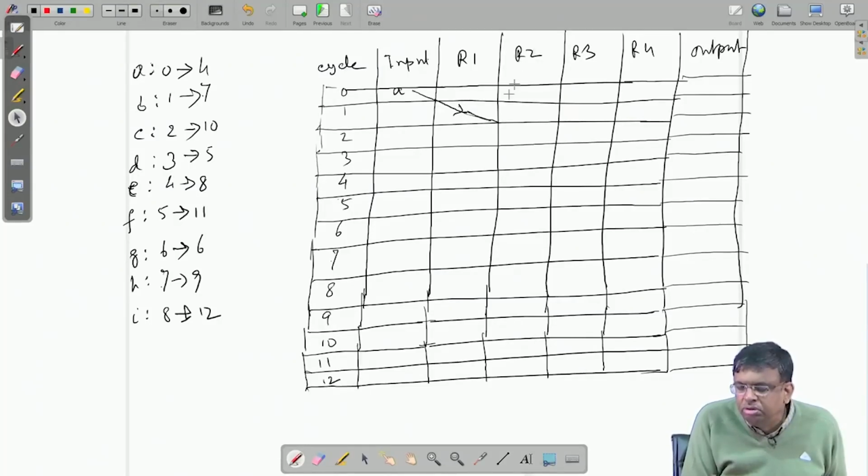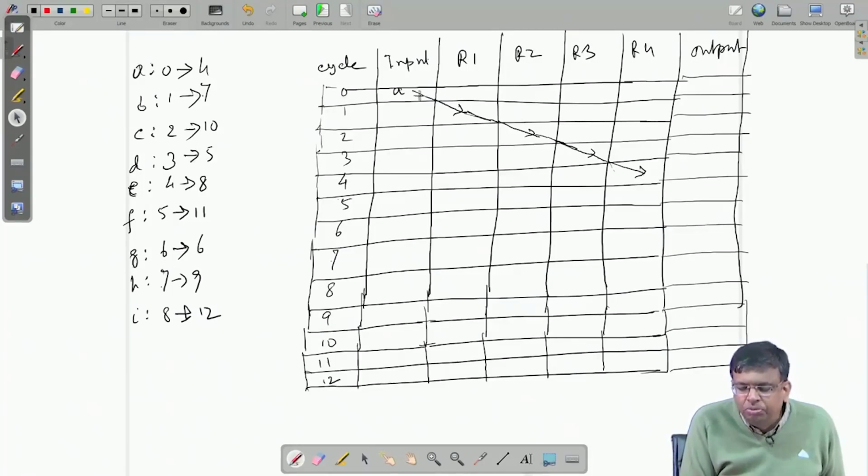It comes to the output of R2 at cycle 2. Then again it has to be stored in the next cycle. In cycle 3 the line continues, and it is available at the output of R3. But then I have to go up to 4. So, again the line continues, it is given to the input of R4, R4 will store it at the end of cycle 4, and it comes out at the output of R4.